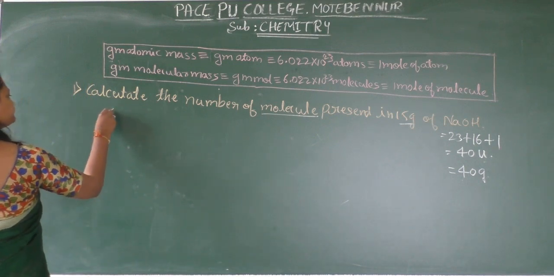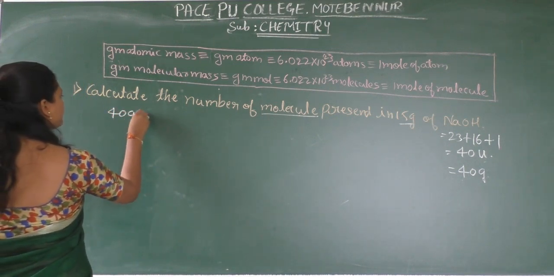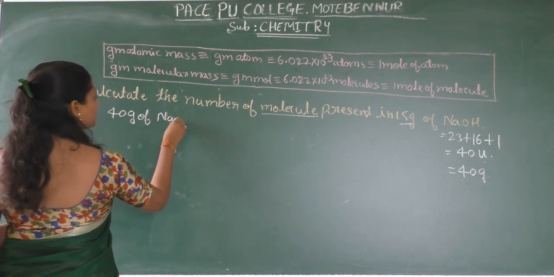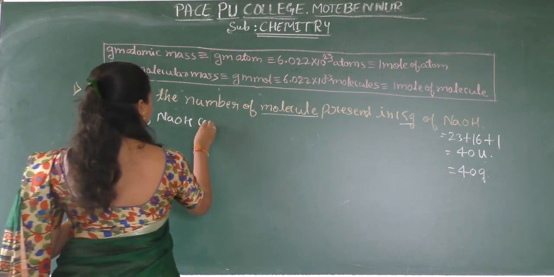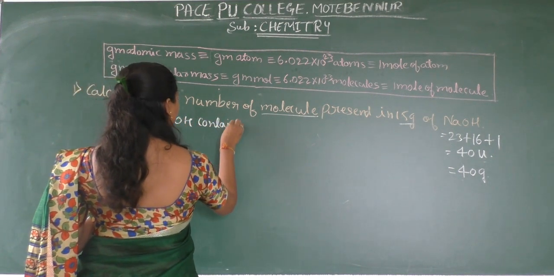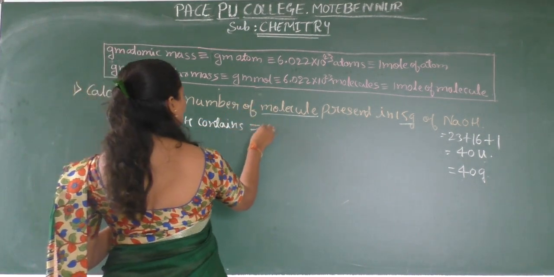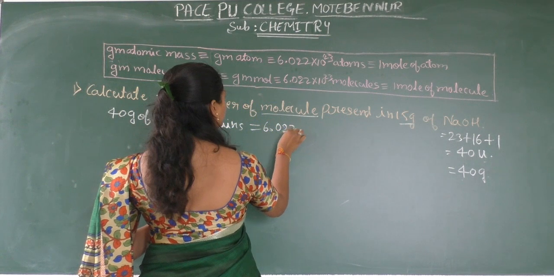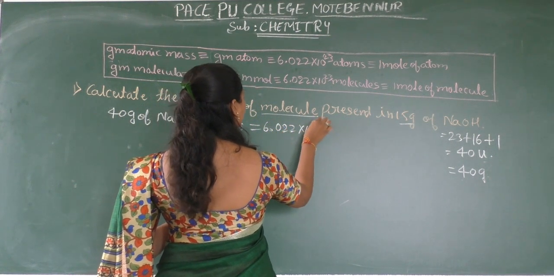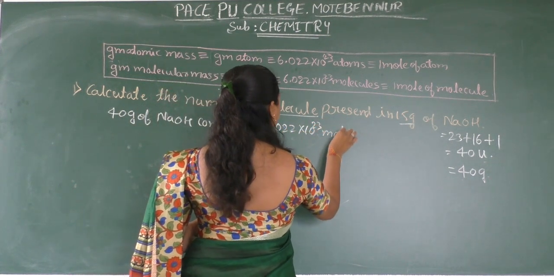Okay, so 40 grams of NaOH contains how many molecules? 6.022 into 10 raised to 23 molecules.